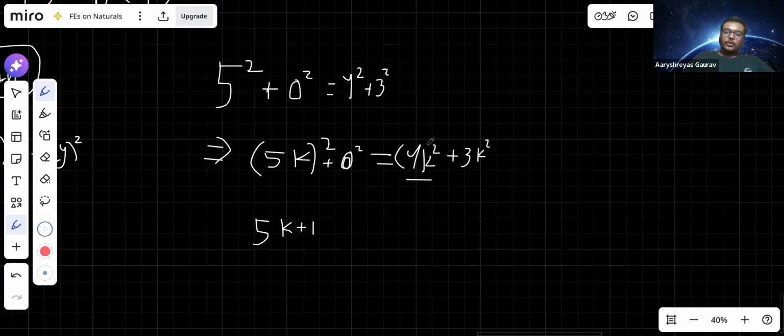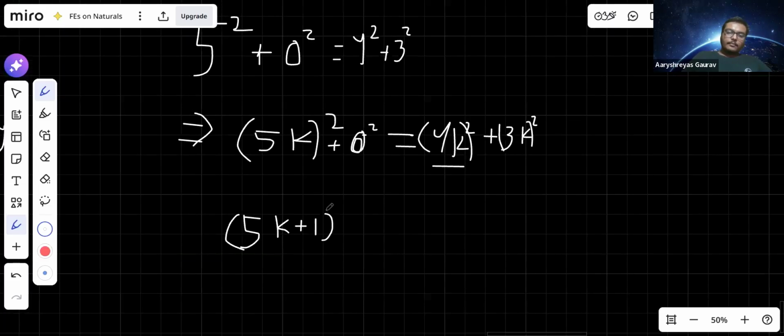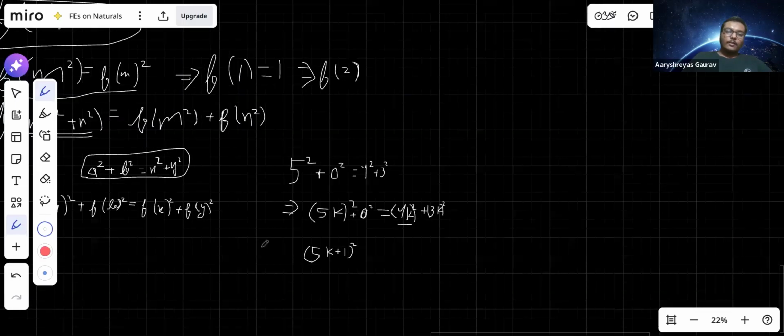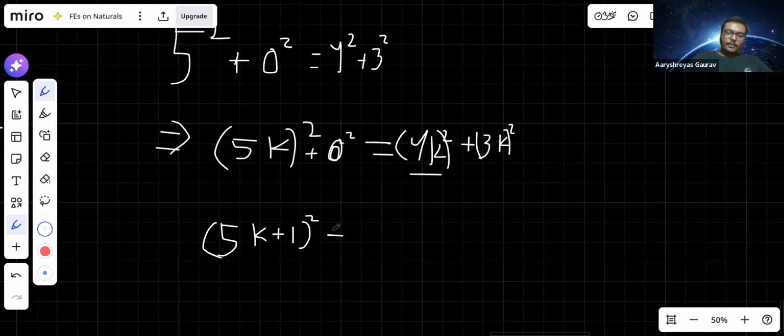But again, this is whole square. We can find this. If I want to find this, and assuming that I know f of 1 and 2 currently, I would try to do something like this to get a really cool equation that looks like this.